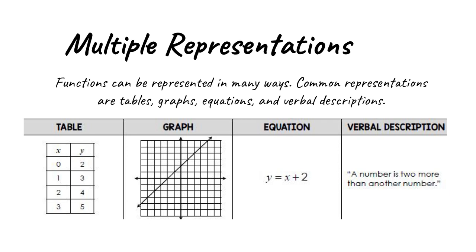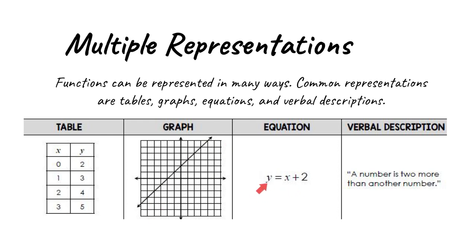Okay, multiple representations. Functions can be represented in many ways. Common representations are tables, graphs, equations, and verbal descriptions. So, a table, an example of that, right? Here's a table, x and y. I got the information. The graph already has all those points plotted on a graph and drawn out.